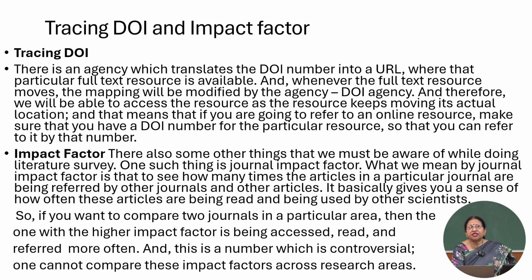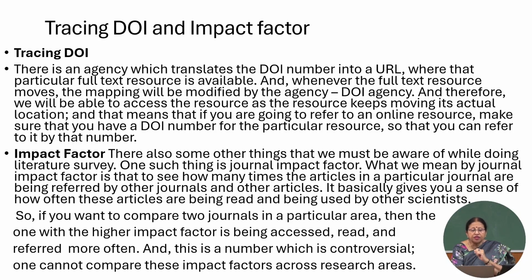So impact factor is about how popular your lecture or your paper or your conference proceeding is, and how many people have mentioned it in their papers. That gives the impact factor to the journal, because it is in that journal that it was published.